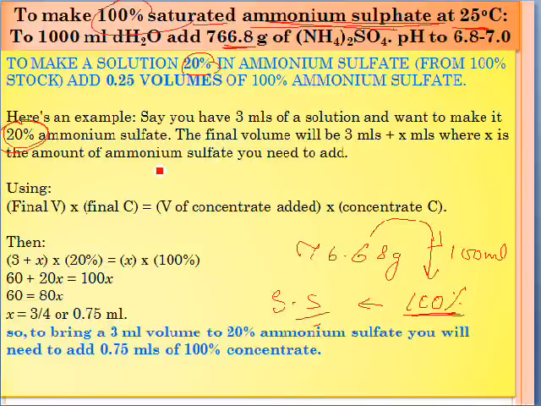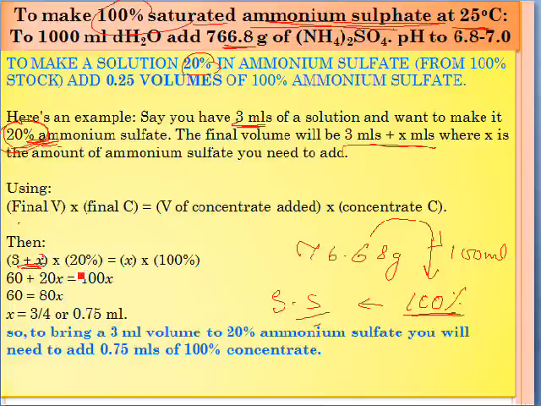If we have 3 ml of solution and want to make it 20% ammonium sulfate saturated, the final volume will be 3 ml plus X. X is the amount of ammonium sulfate we need to add.